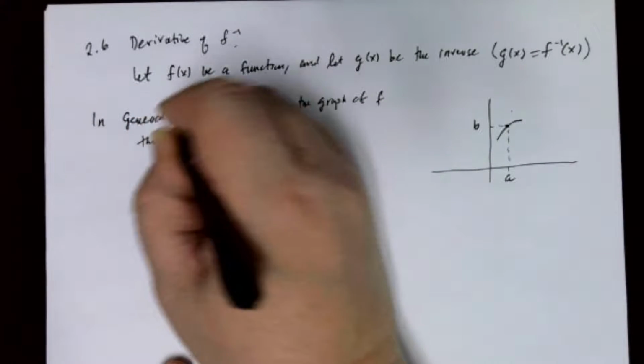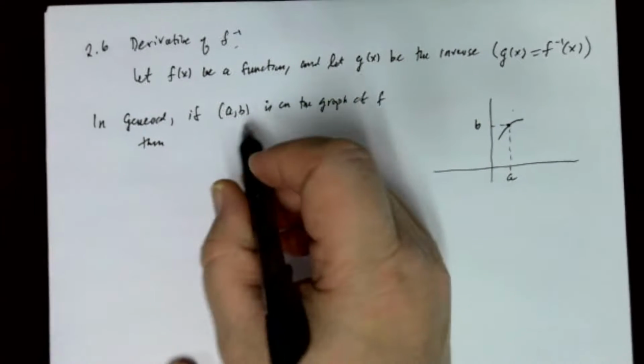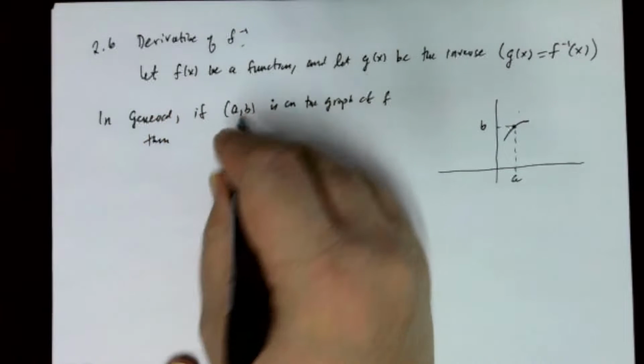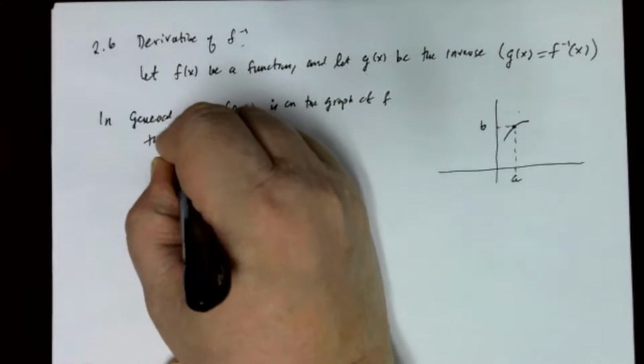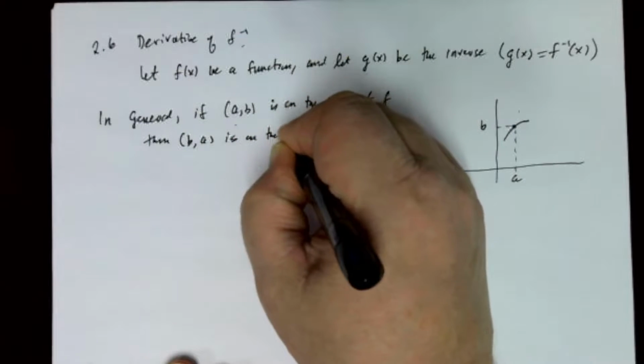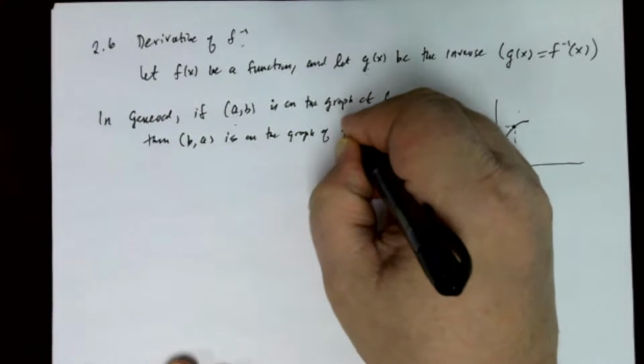Then what point is on the graph of f inverse? Remember, you switch the role of x and y to get the inverse, and so if (a, b) is on the graph of f, then (b, a) is on the graph of f inverse, which we're calling g.